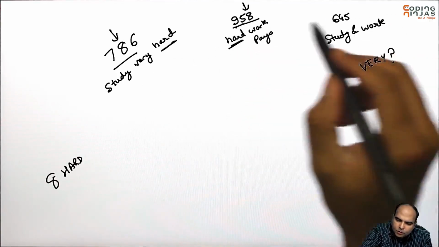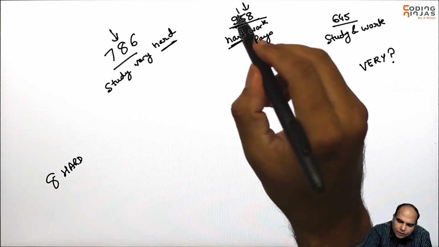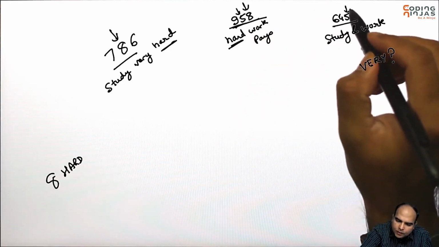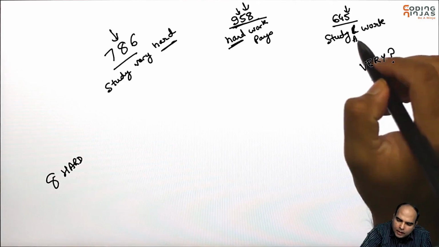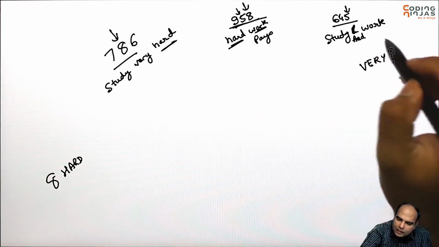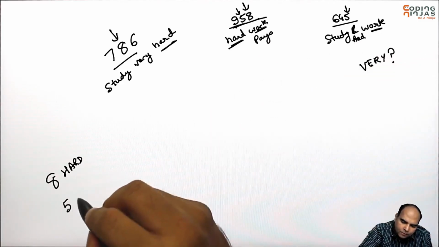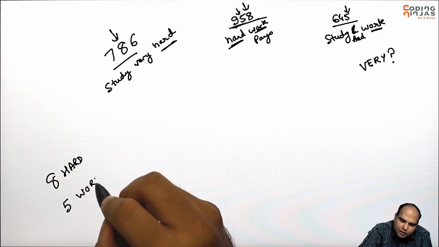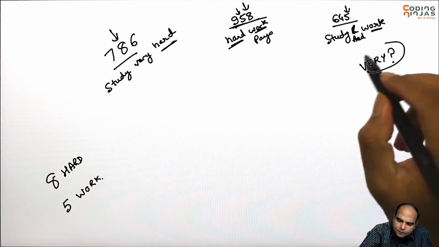7695, there's nothing common, so you go between this and that. So 5 is common here and 5 is common here, and study and work, A and D is there. So the word common between the second code and the third code is work, and the digit common is 5. So 5 means work. Now your target is to get to "very."